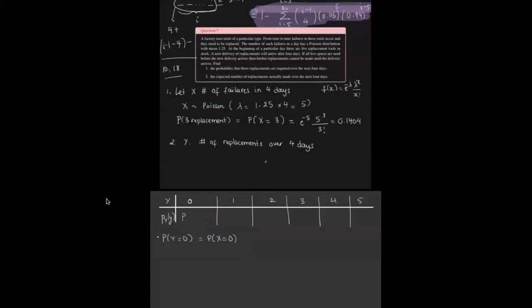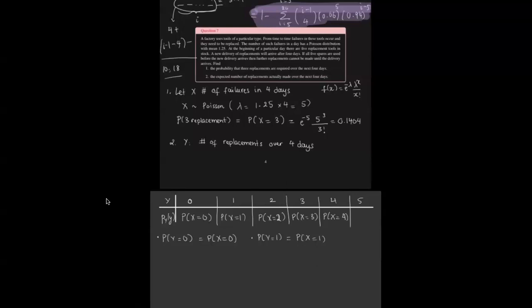I will just write down here first. We will calculate it later. The probability that replacement equal to 1 is equal to the probability that failure is equal to 1, and it holds true until 4. Why is that?